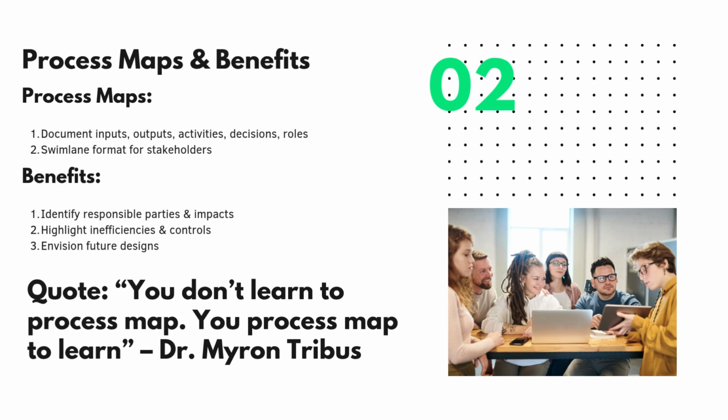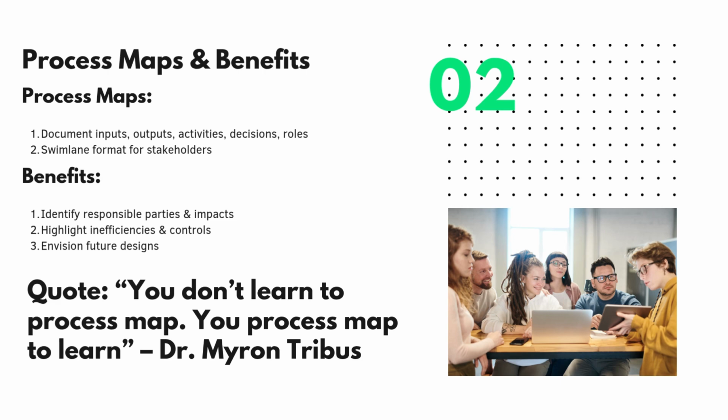The benefits are significant. They identify responsible parties and their impact on upstream and downstream activities, highlight workflow inefficiencies and resource waste, spot missing internal controls, and help envision future state designs. For example, you might discover a step where data is manually re-entered, signaling a need for automation.